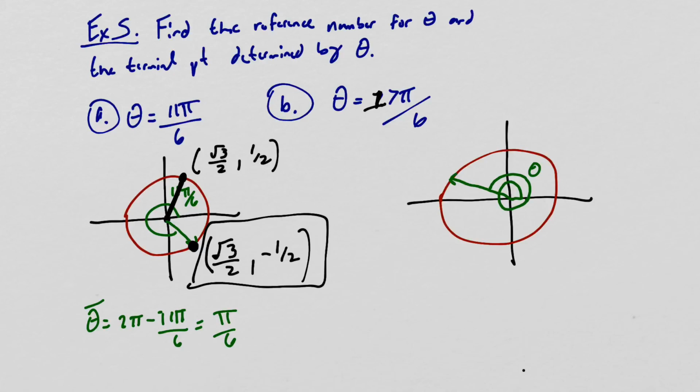So this angle is coterminal with 5 pi divided by 6. Therefore, the reference number is given to us by pi minus 5 pi divided by 6, which is going to be pi divided by 6 again.